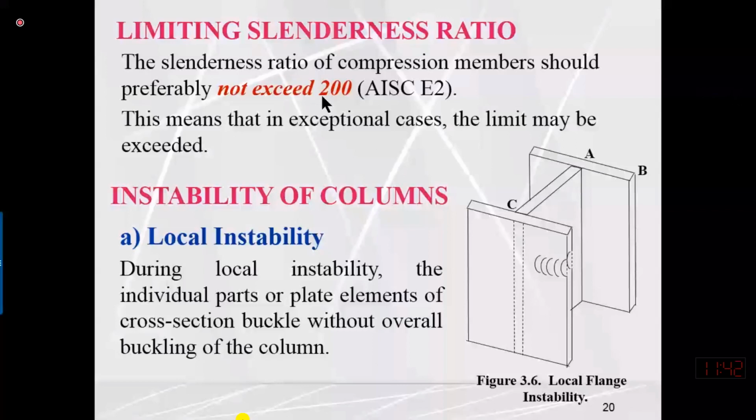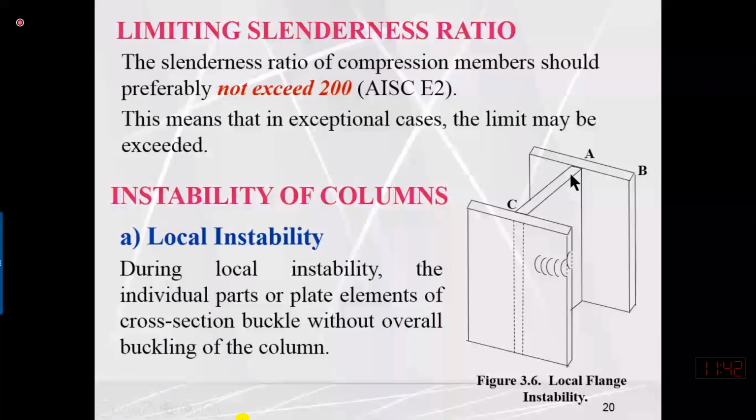It may be a very small local portion within the web or flange that buckles or bends due to applied forces before the member bends as a whole. This is referred to as local instability. Before explaining local instability, let me explain the types of elements in any section. You can see that here we have this W section.